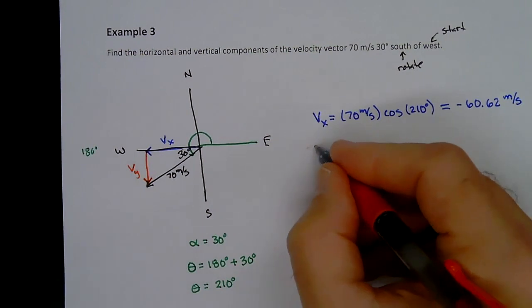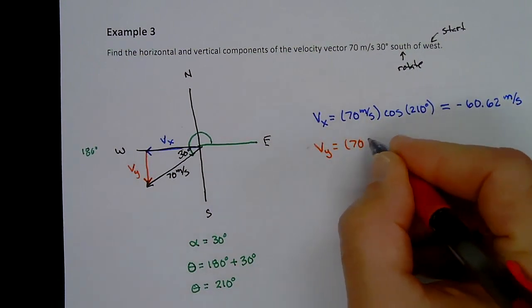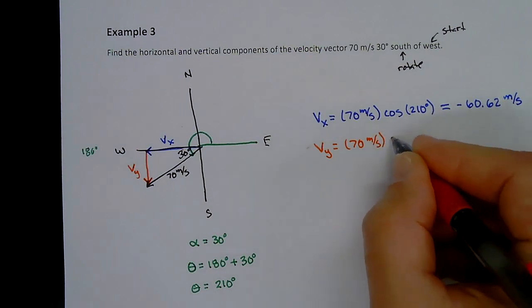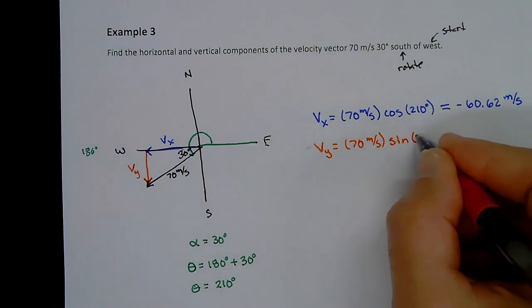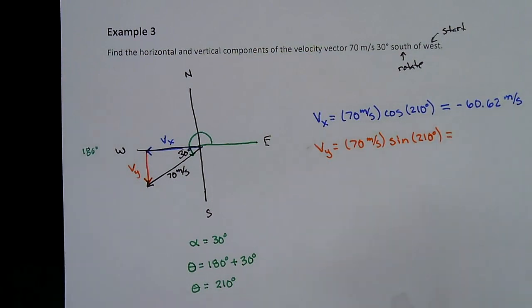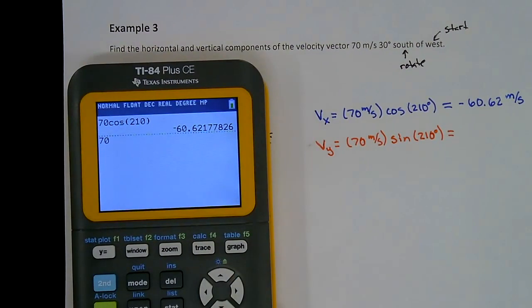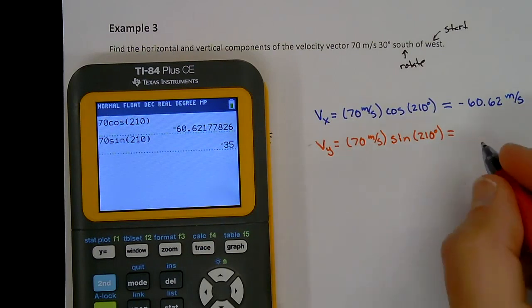Okay, and then V sub y. V sub y is 70 meters per second sine of 210 degrees. So putting that in our calculator, 70 sine 210, and we get negative 35.